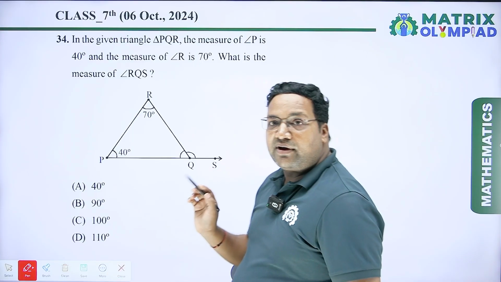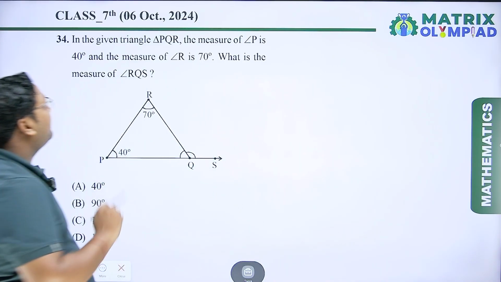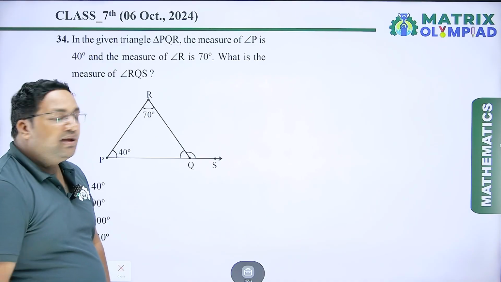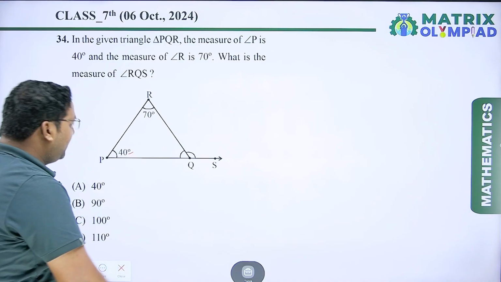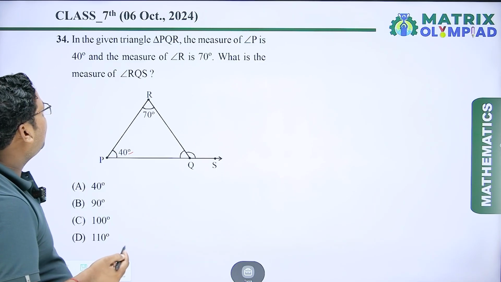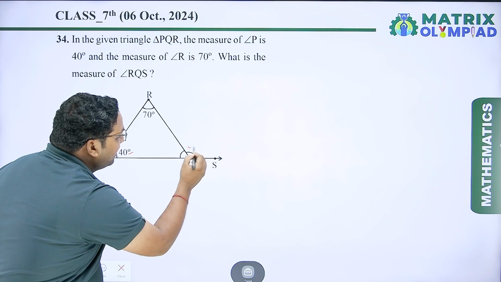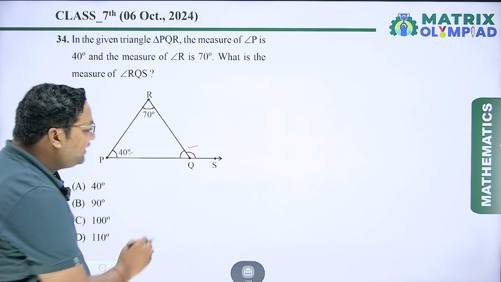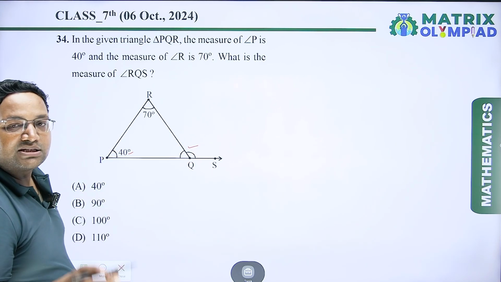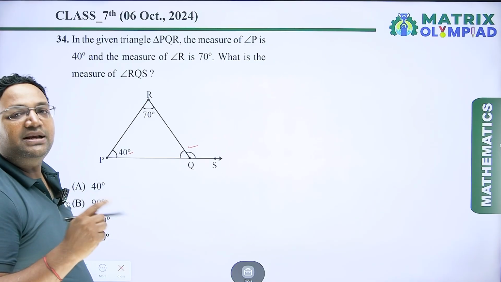Next, question number 34, that is in the given triangle PQR, the measure of angle P is 40 degree. Angle P is given 40 degree and angle R is given 70 degree. What is the measure of angle RQS? So here this is the angle RQS, and we know the property of a triangle, the sum of any two opposite angles is equal to the exterior angle.